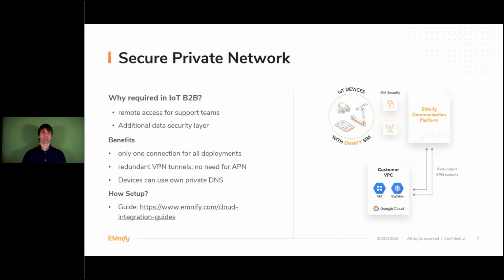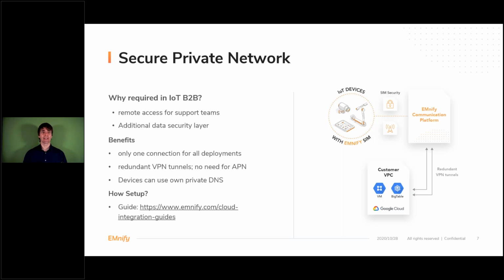Usually you would solve this with intermediate gateways with a VPN server on them, or with VPN clients directly on the device. But this means you would need to manage multiple VPN connections. With our Amnify Cloud Connect, it's actually one connection between your VPC and the Amnify communication platform, and then you will be able to remotely access all the devices.